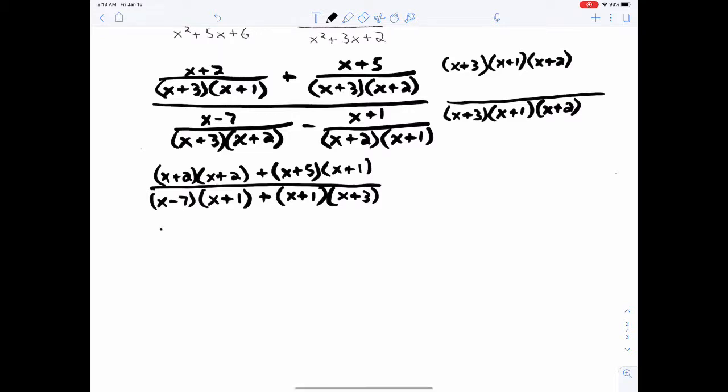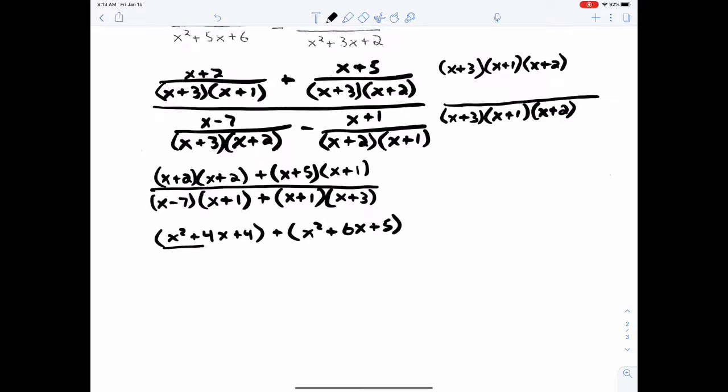So on the top, we have x squared plus 4x plus 4. And then x squared plus 6x plus 5. On the bottom, we've got x squared minus 6x minus 7.